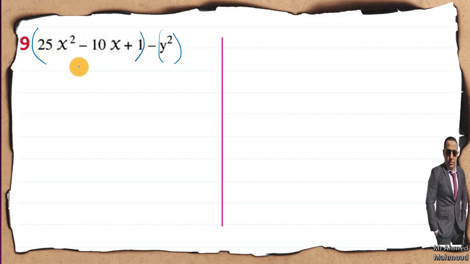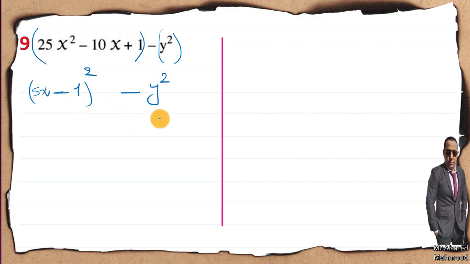It's okay, so this is a perfect square. So I'm going to do what? Open bracket, all power of 2, write down the minus here, square root 25x power of 2 equals 5x, square root 1 equals 1, okay, minus y power of 2.